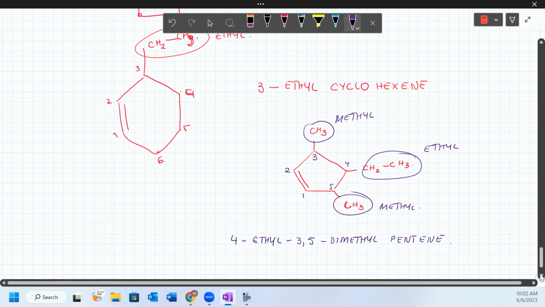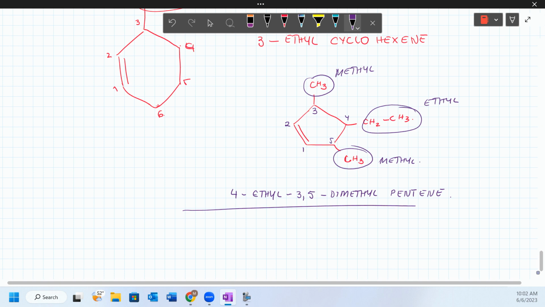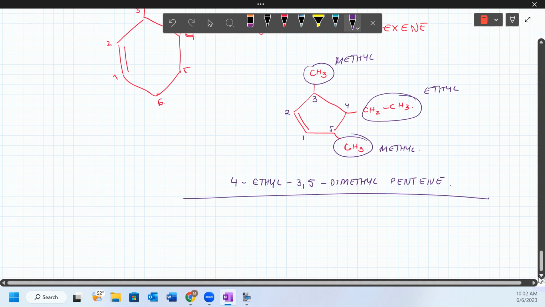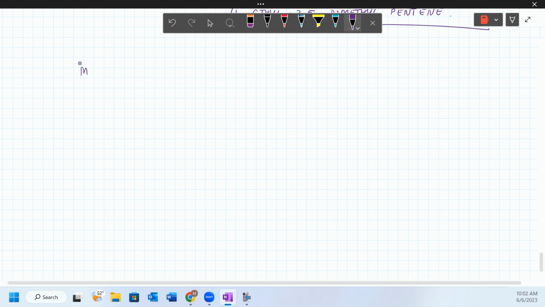You should be able to move even from having a name into drawing a structure. So if we have something like methylcyclohexane, when you have the name and are drawing the structure, you always start from the last thing, because the last thing tells you what the structure is.